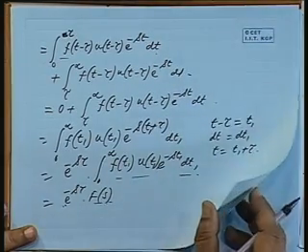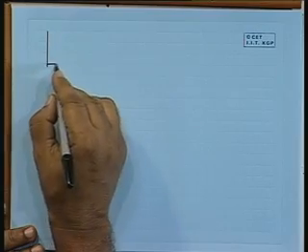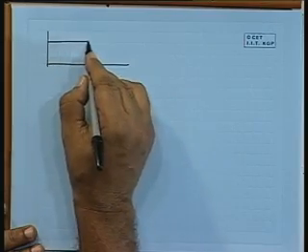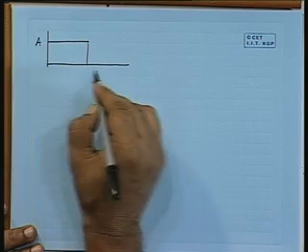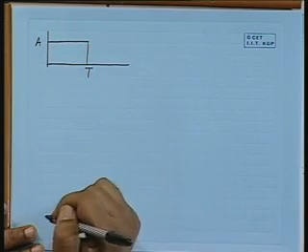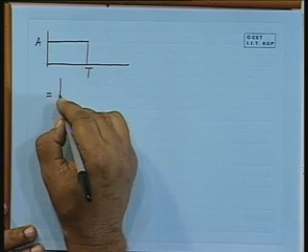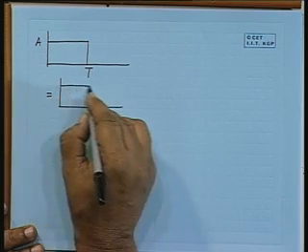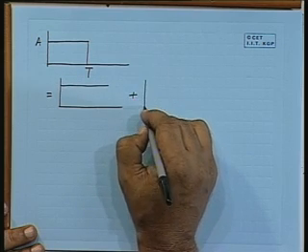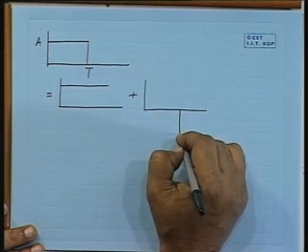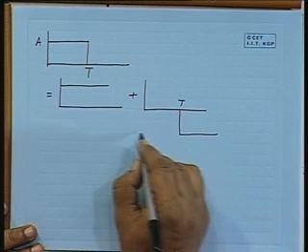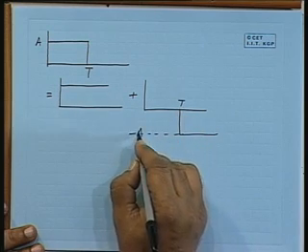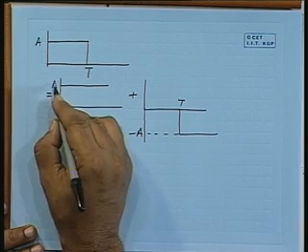So, now let us derive the Laplace transform of some of the shifted functions we discussed yesterday. Let us take a simple example. Suppose this is a over t, this we wrote as a function like this plus a function like this, minus a and plus a, is it not?